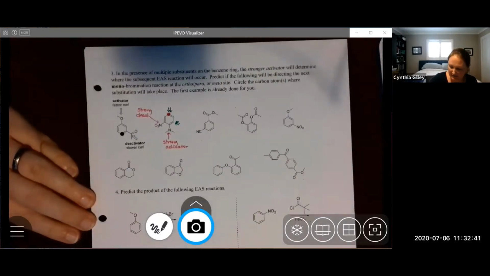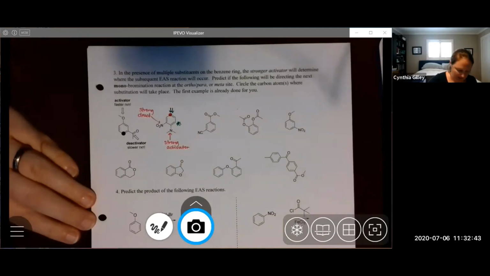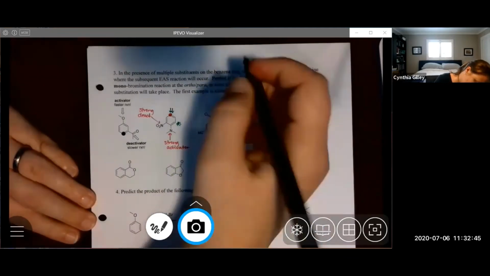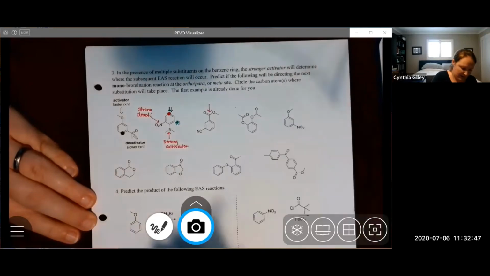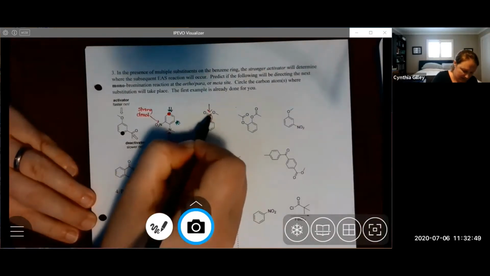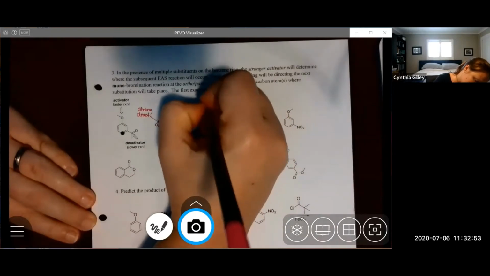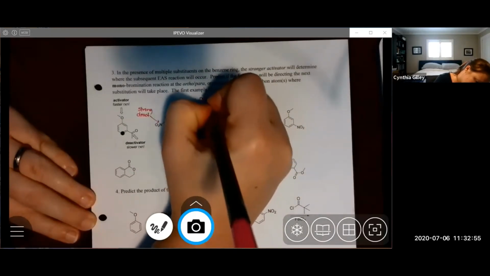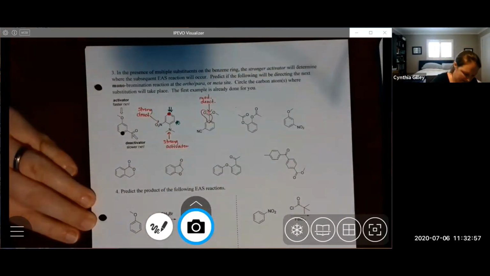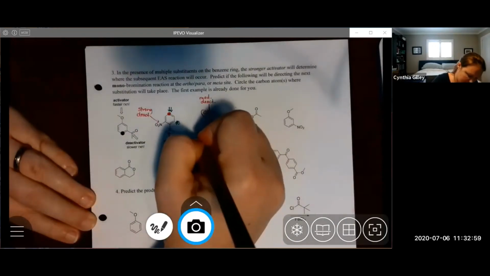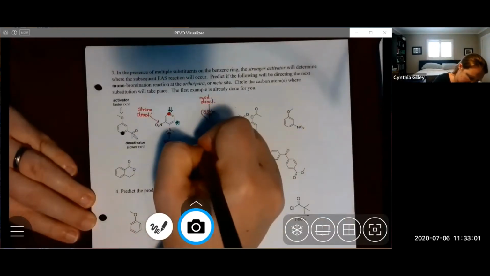All right, looking at the next one, this group is the carbonyl, directly attached to the ring. This is a moderate deactivator. And this group is also a moderate deactivator.